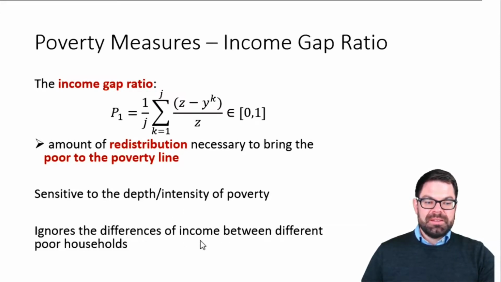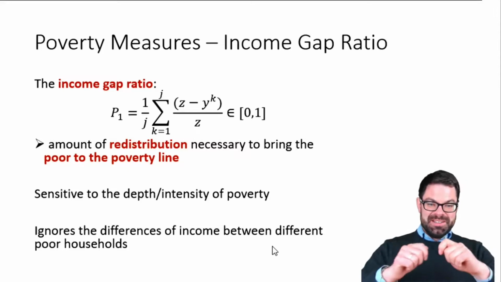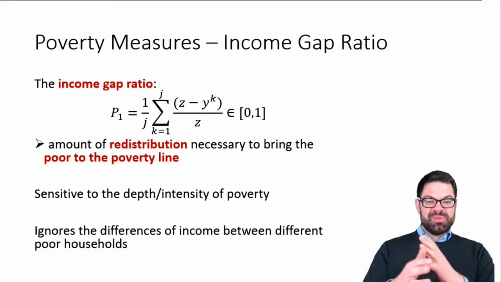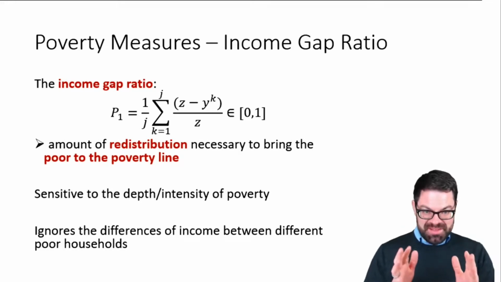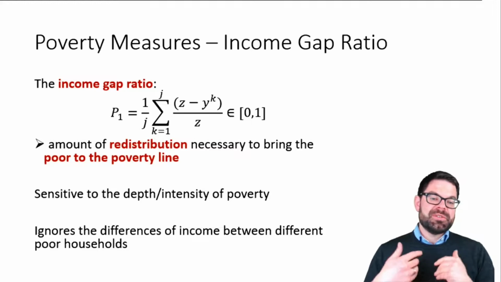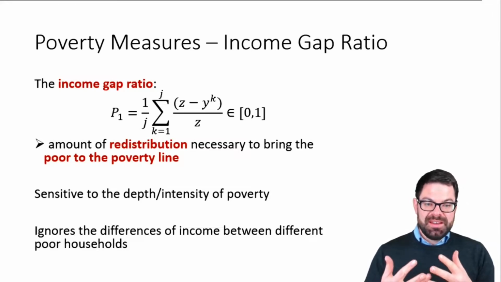And so obviously what it ignores here is the inequality among the poor households. It just gives every household that's poor equal weight. Right? But you can obviously construct even more sophisticated indices.